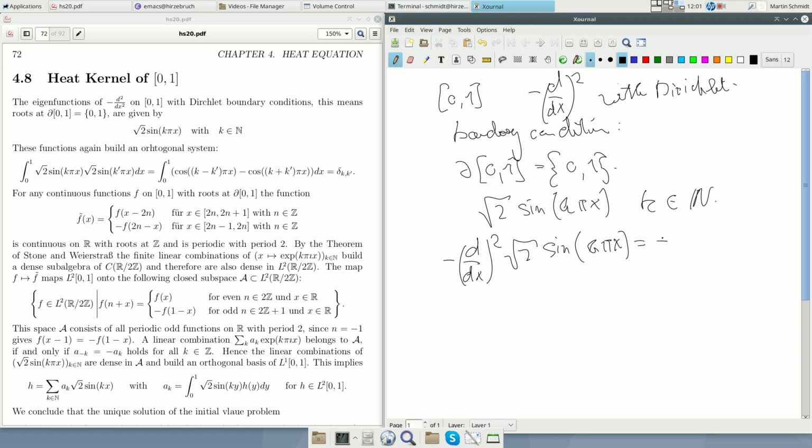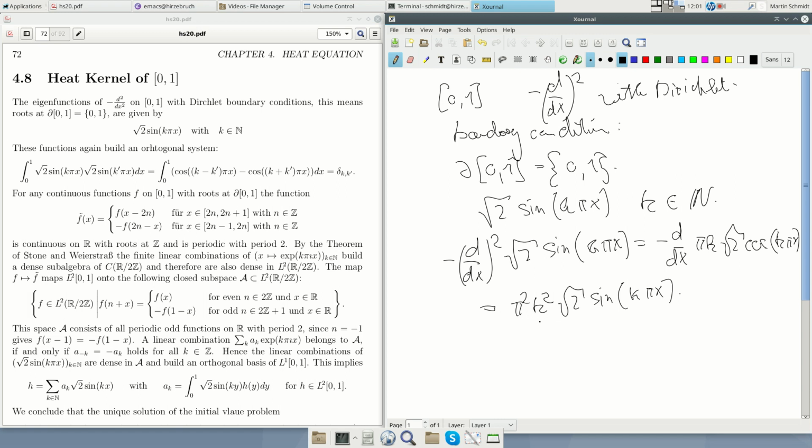This is minus d by dx of pi k square root of 2 times cosine of k pi x, and this is pi squared k squared times square root of 2 sine of k pi x. So this operator has the eigenvalue pi squared k squared.